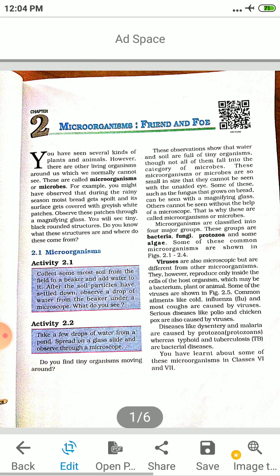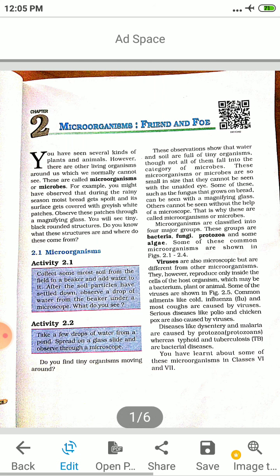You have seen several kinds of plants and animals. However, there are other living organisms around us which we normally cannot see. These are called microorganisms or microbes. For example, you might have observed that during the rainy season, moist bread gets spoiled and its surface gets covered with greyish white patches.